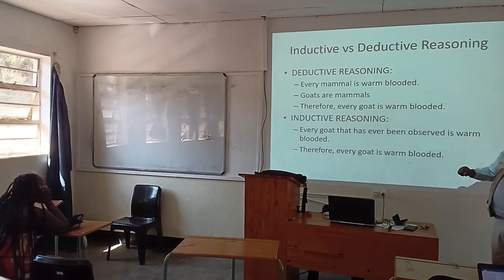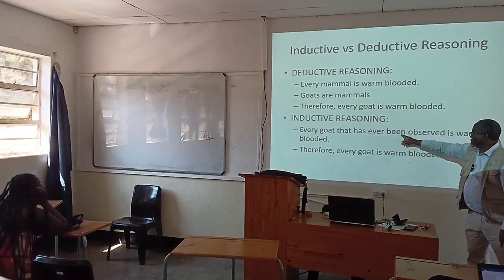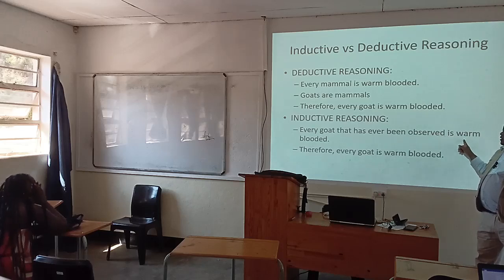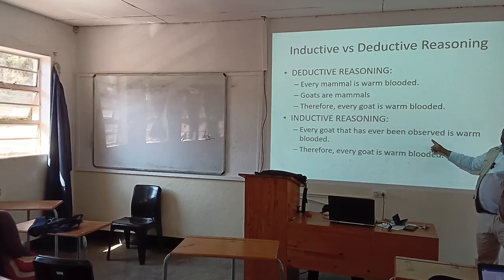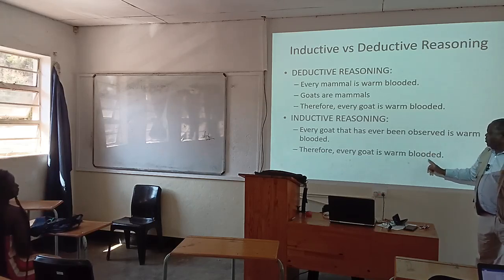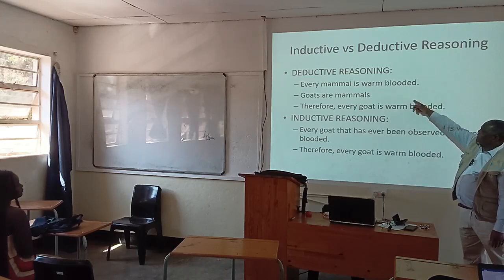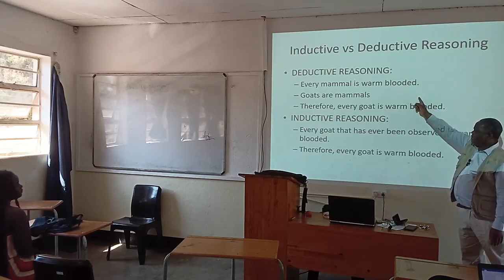The difference with what Francis Bacon was saying is every goat that has ever been observed is warm-blooded. Therefore, every goat is warm-blooded. Here the questions are about the facts. Where did these facts come from?